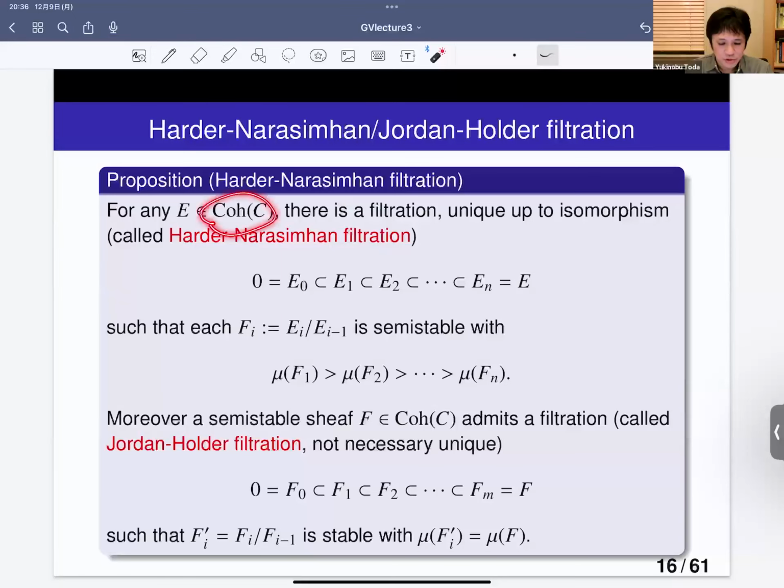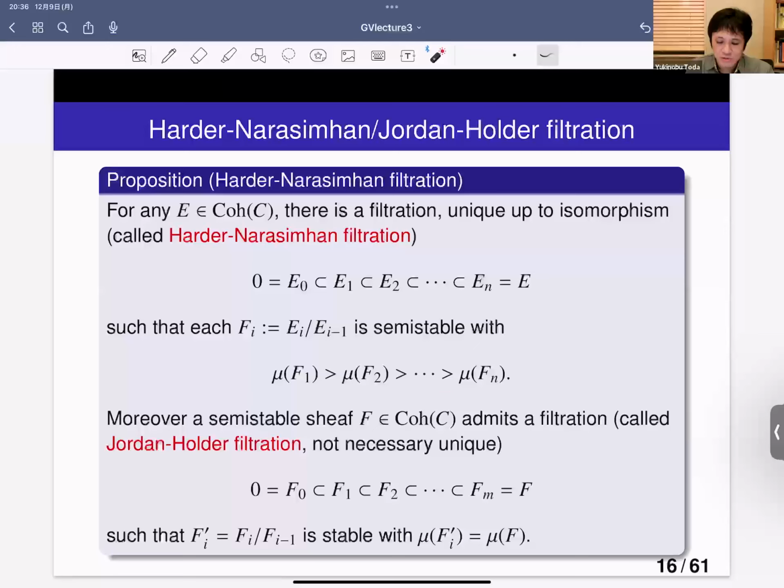For any coherent sheaf on C, there is a filtration which is unique up to isomorphism. This is called the Harder-Narasimhan filtration, so that each subquotient is in fact semi-stable, and there is an inequality of slopes like this. So this means that each subquotient is semi-stable, and we can recover the original coherent sheaf E as some successive extensions of the semi-stable sheaves.